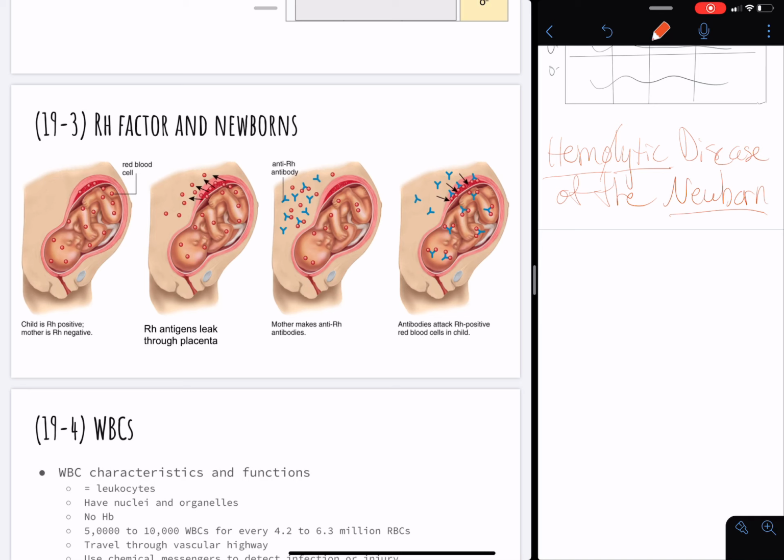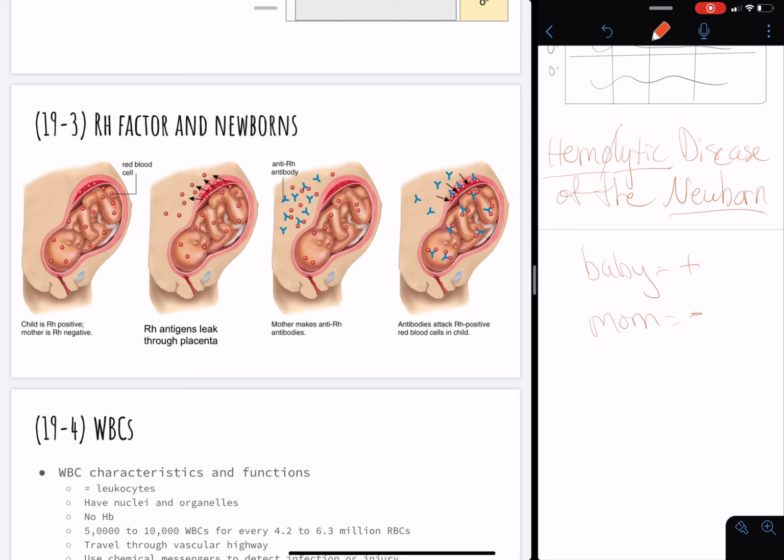So in this first picture on the left-hand side, the child is Rh positive and the mother is Rh negative. Regardless if it's A, B, or O, baby is positive and mother is negative.